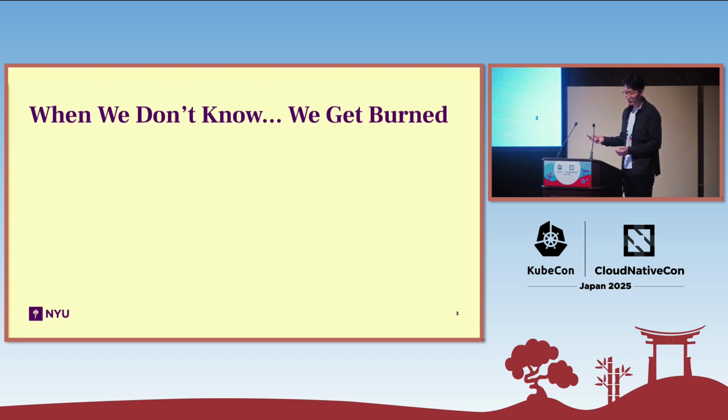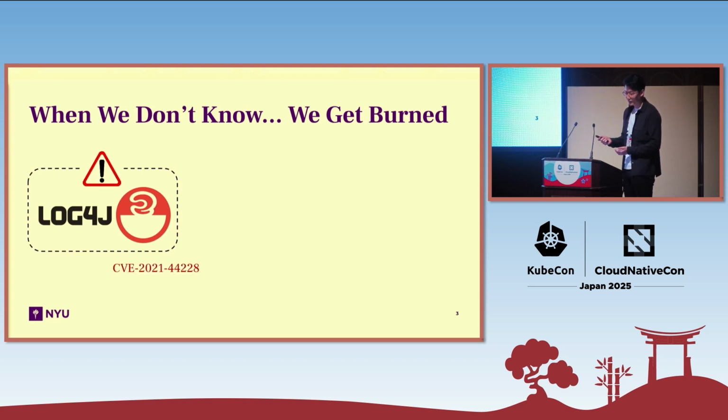Back in December 2021, a severe vulnerability was discovered in Log4j, CVE-2021-44228, also known as Log4Shell. It allowed remote code execution via a simple string injection, one of the most dangerous types of exploits. But what made this incident truly explosive wasn't just the severity of the bug.